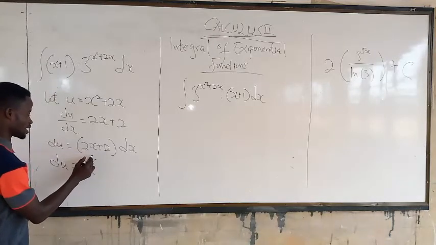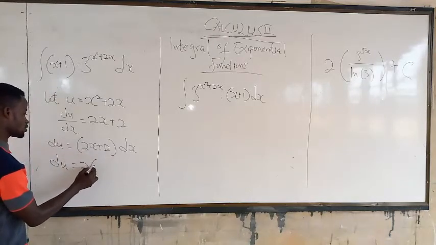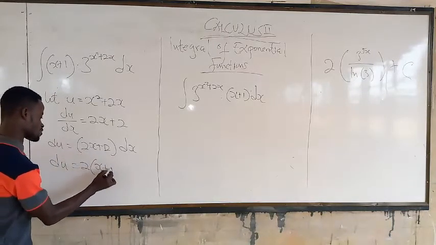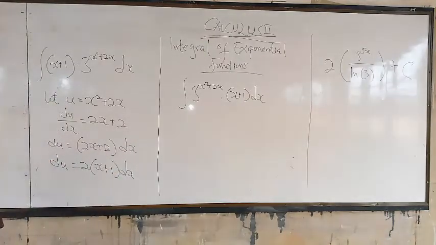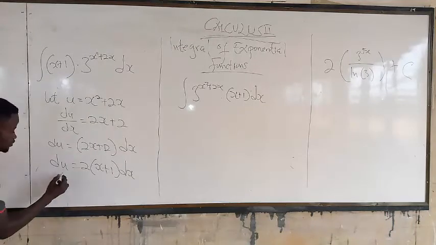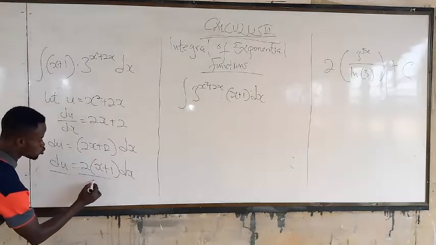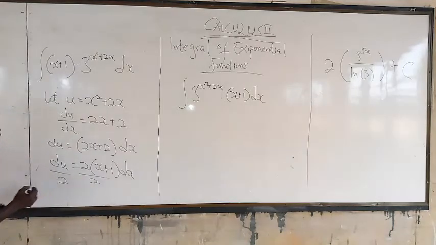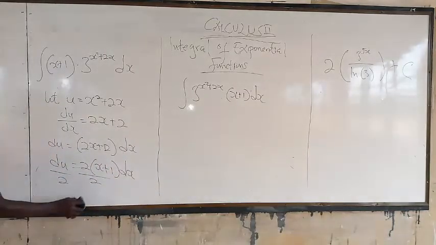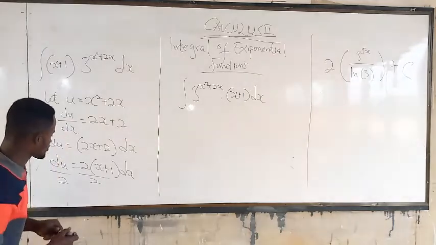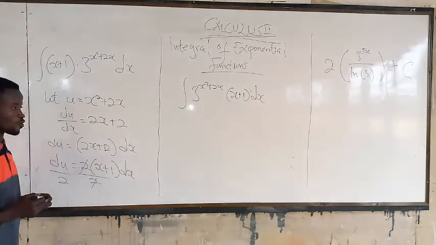And what are you going to get? We are going to get s plus 1. How? This is exactly du. So when we divide both sides by 2, we are going to get something like this. And this will clear off.